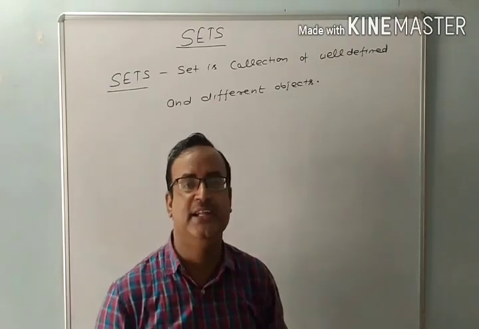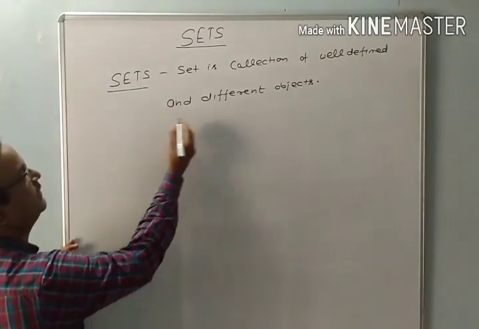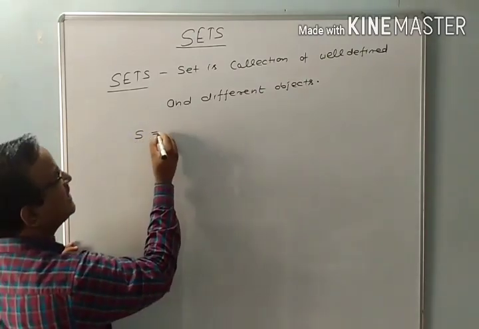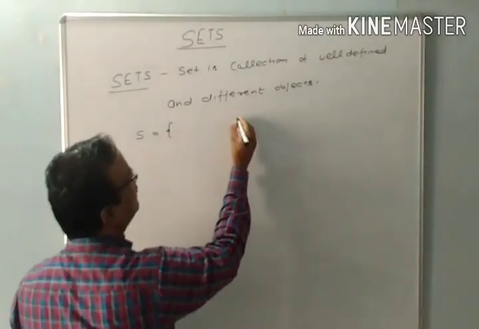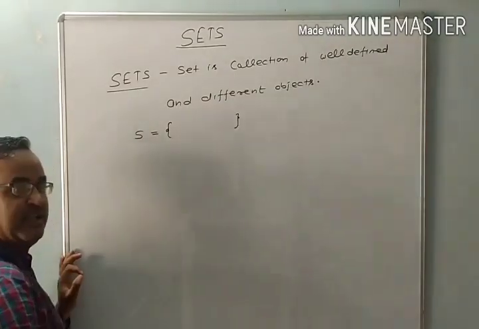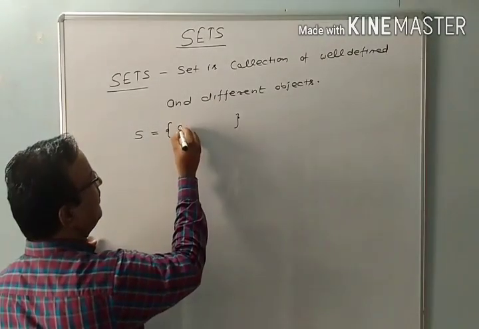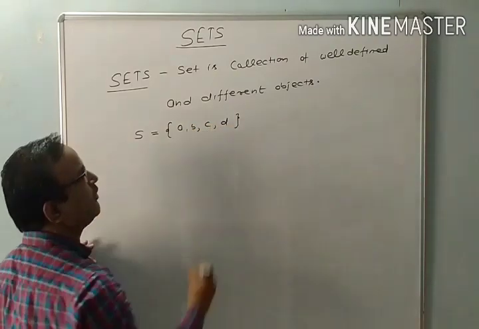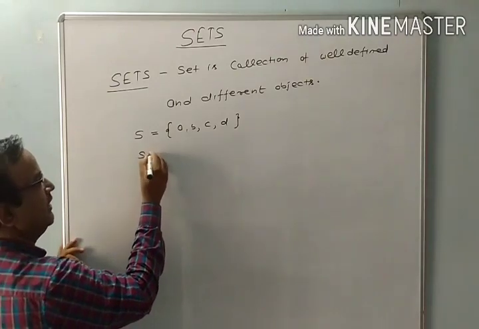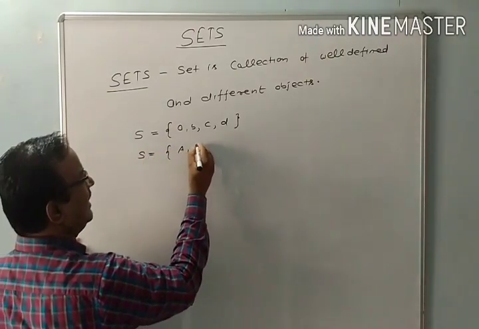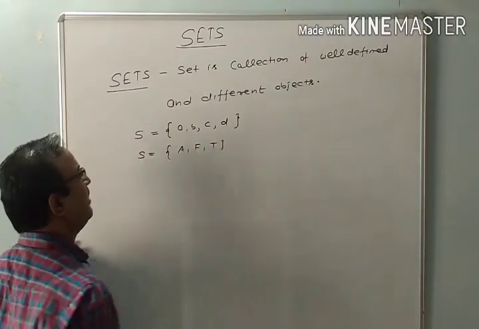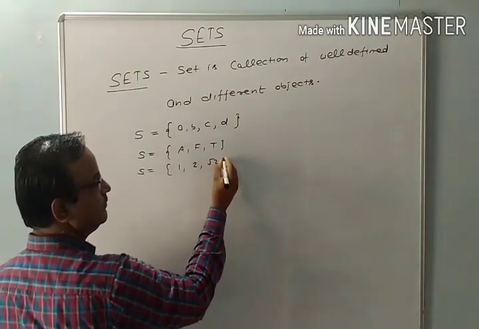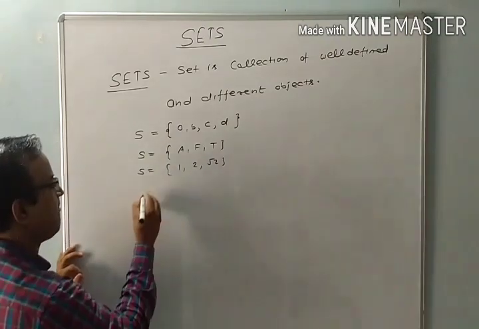Sets are denoted by the capital letters of the English alphabet. Suppose we represent it by capital S, and the elements are enclosed by this type of curly brackets. The elements may be small letters of the English alphabet, capital letters of the English alphabet, real numbers, or imaginary numbers.